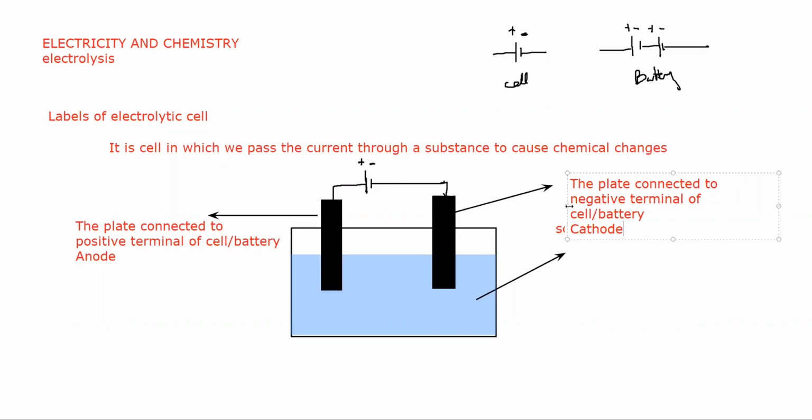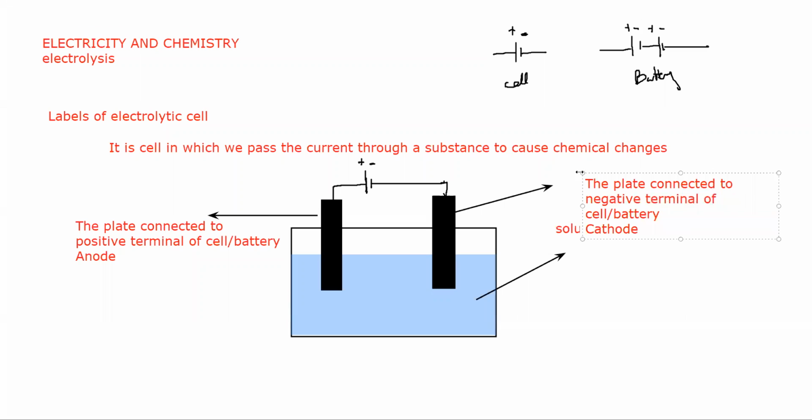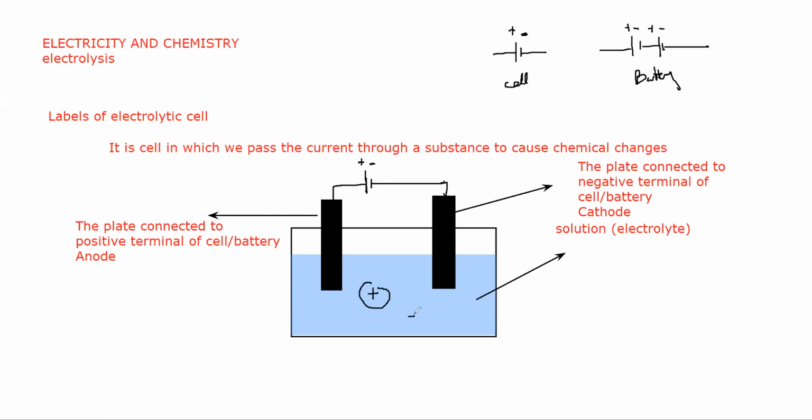And inside the electrolyte, because generally these electrolytes are salt solutions or acids, they contain ions, positive and negative ions. So within the electrolyte there are ions or charges, positive and negative.